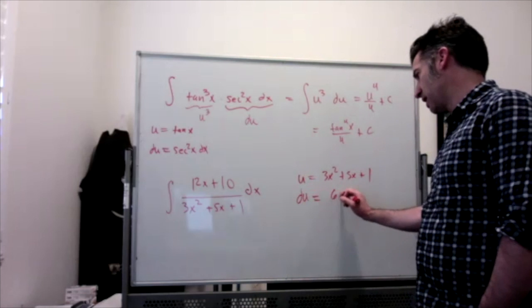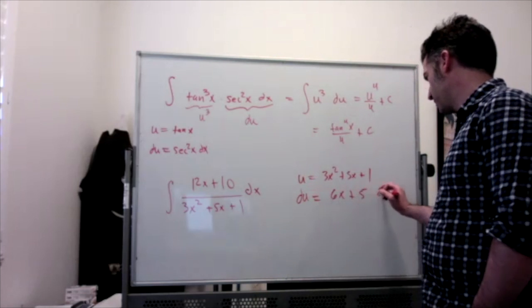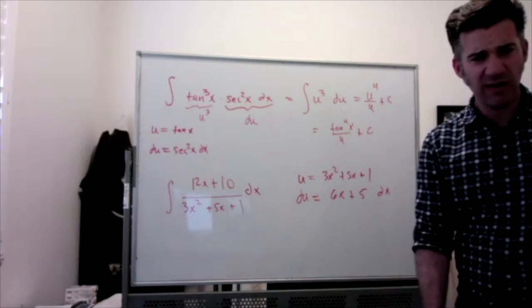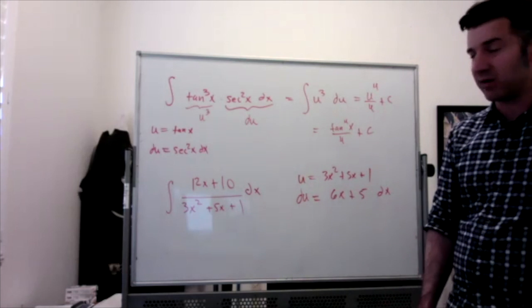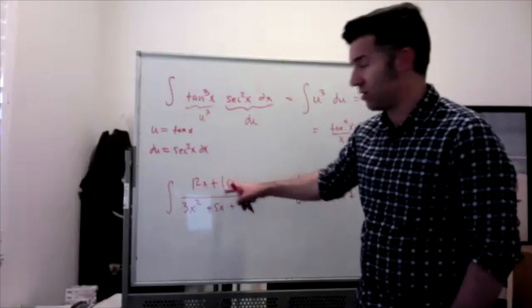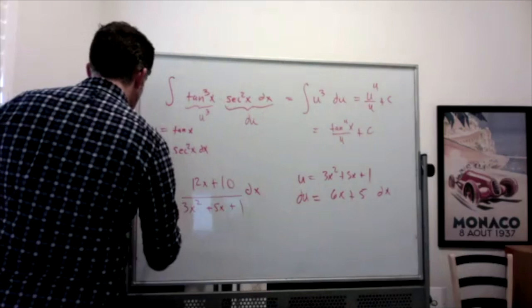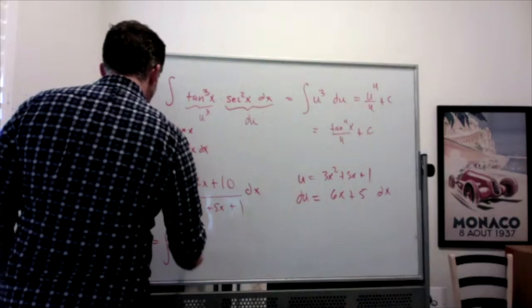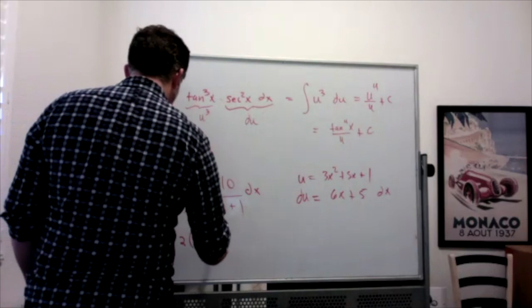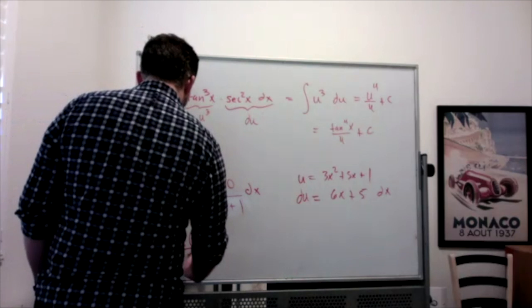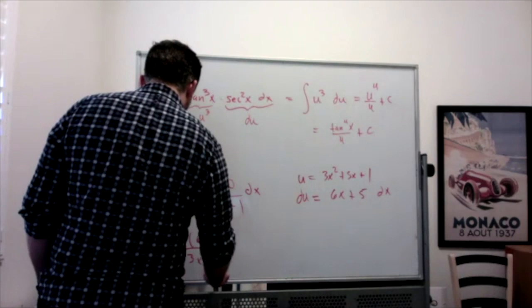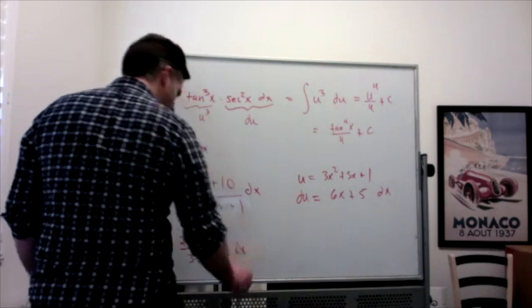And I'm going to hope that things work out. du is 6x plus 5. Do I have a 6x plus 5 times dx? Well, not exactly. But if I factor out a 2 from there, I actually do. I can totally rewrite this as the integral of 2 times (6x plus 5) over (3x squared plus 5x plus 1) dx.